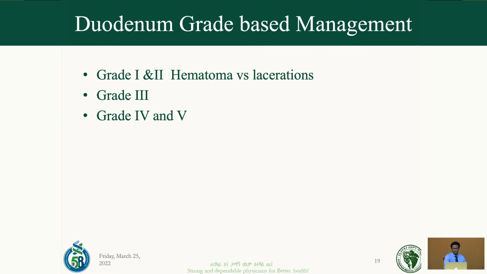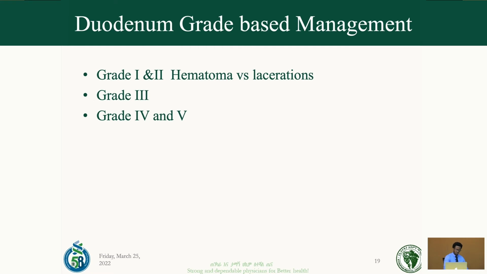For grade 1 and 2 injuries to the duodenum, if it is a simple hematoma, the patient can be managed non-operatively and followed serially with gastric decompression and resuscitation. If the patient improves with this management, which is possible in the majority of patients, that is sufficient. But if the patient doesn't improve in the first 3 weeks, an exploratory approach is mandatory.